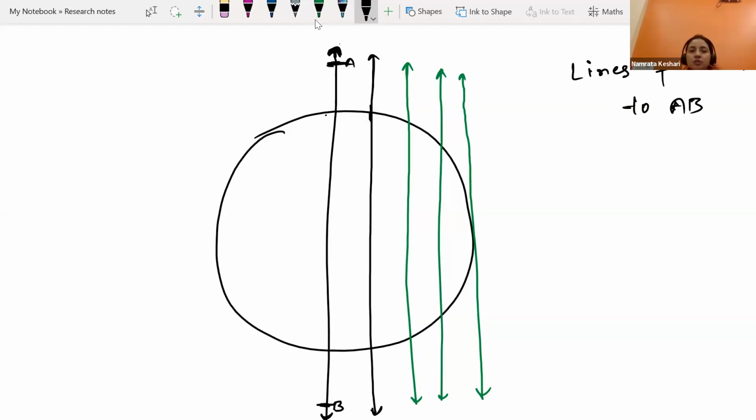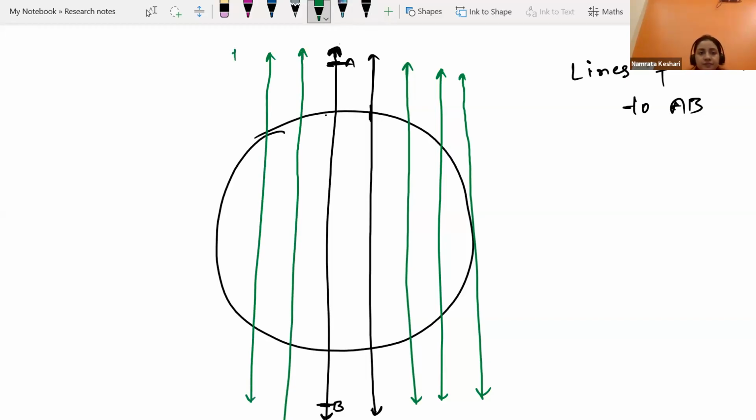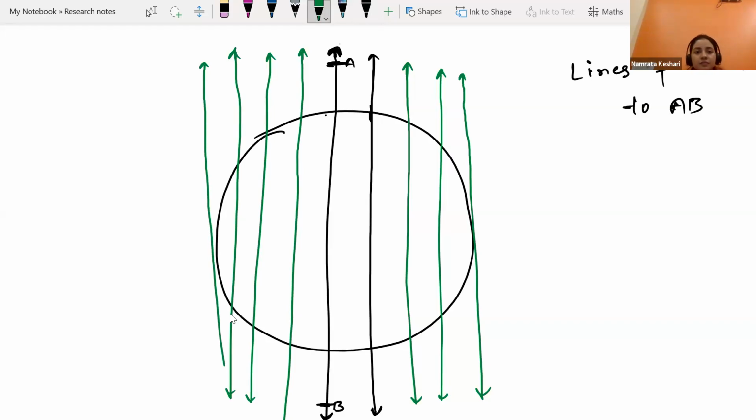Towards the left side of AB also, let's draw a line parallel to AB. Actually, it will look like a diagram.